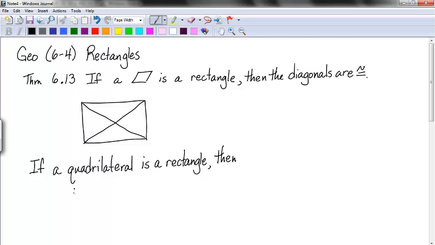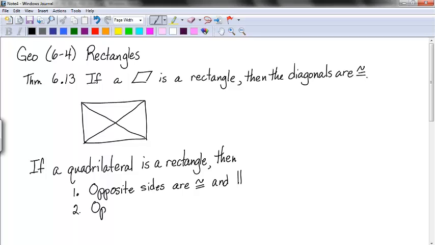Number one, the opposite sides are congruent and parallel, and just use the symbol for parallel. Opposite sides of a rectangle are congruent and parallel.